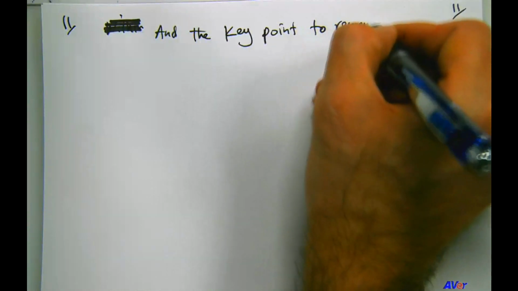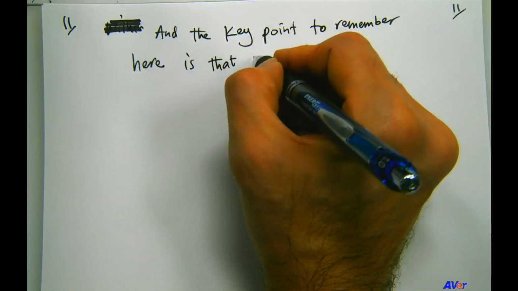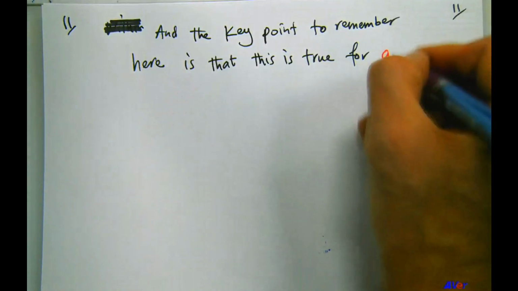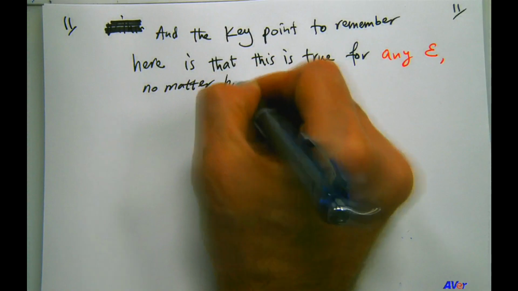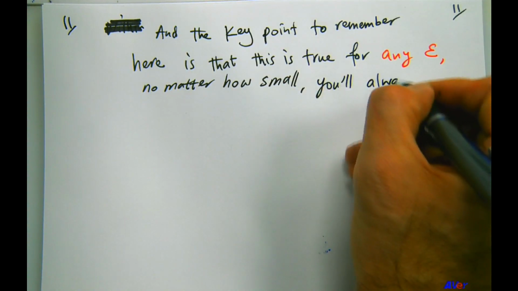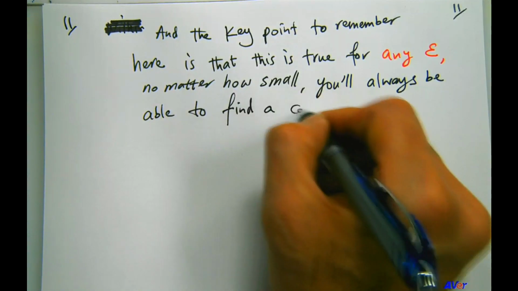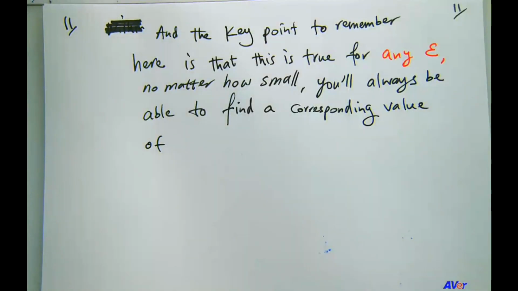And the key point to remember here: for any epsilon, no matter how small, a corresponding value of delta.